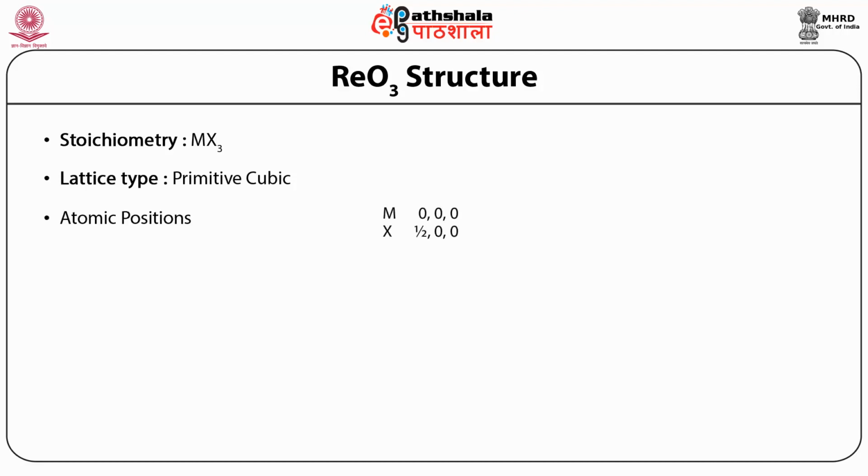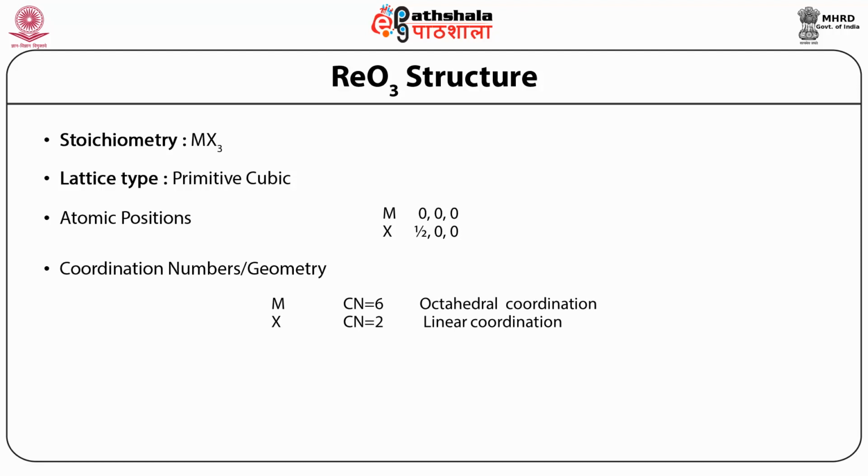The atomic positions for M and X are 0, 0, 0 for M, and half, 0, 0 for X. The coordination number is 6 for M, with octahedral coordination, whereas the coordination number 2 corresponds to X, with linear coordination.